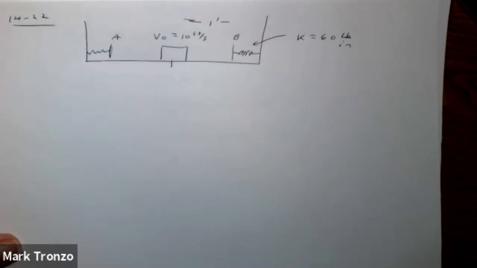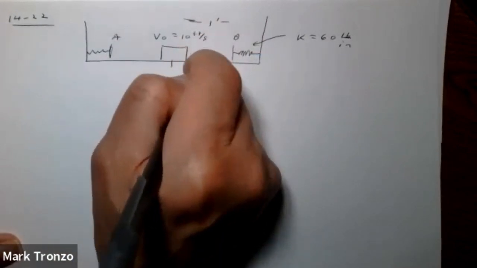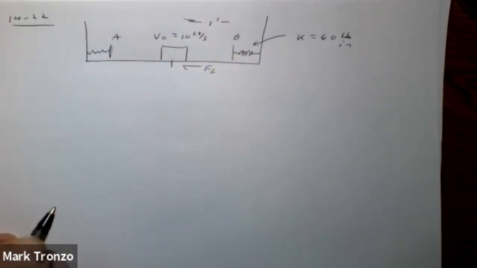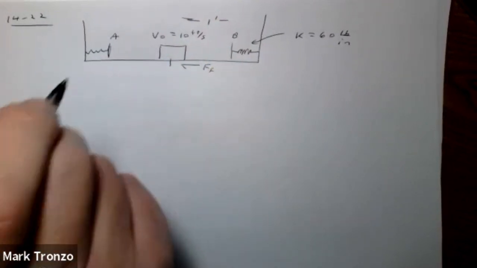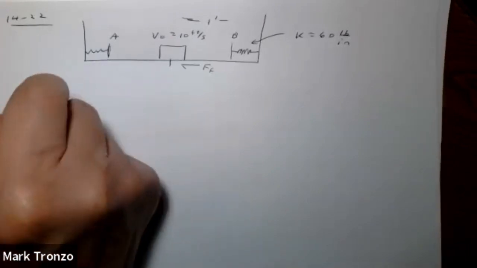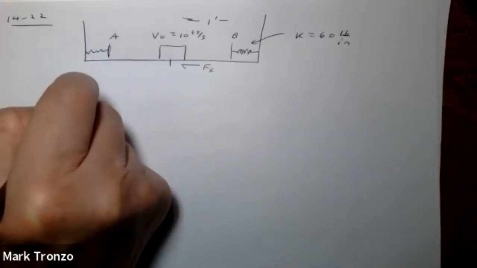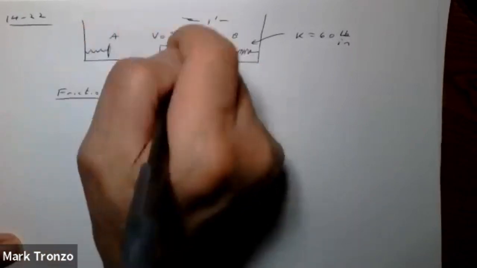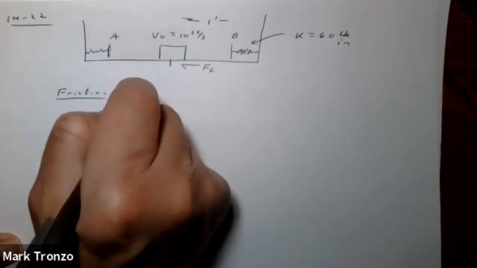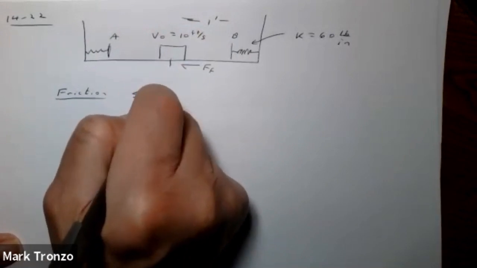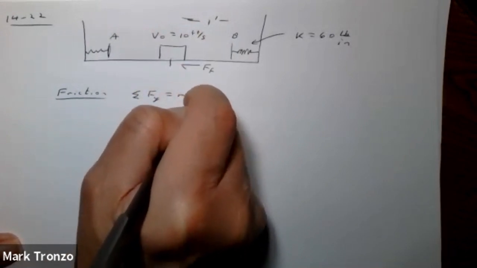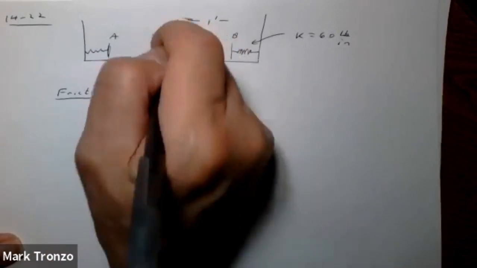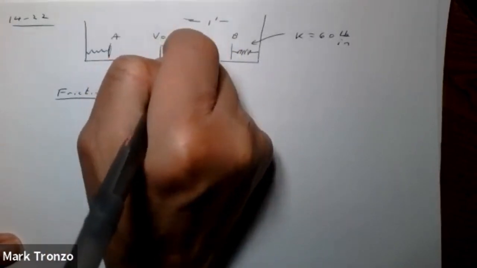And there's going to be friction in this case. And so we're going to need to first find what the friction force is. Remember, to do that, we can sum the forces in the y direction like this, even though there's not going to be any acceleration. Again, this is a 25-pound block.